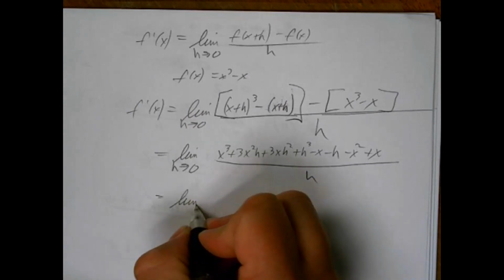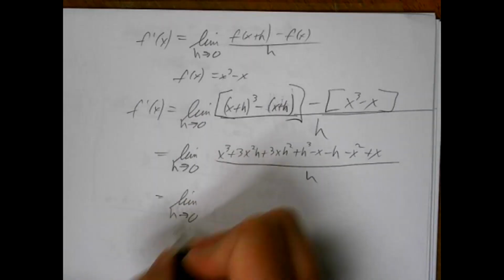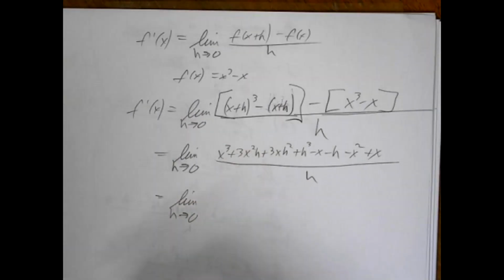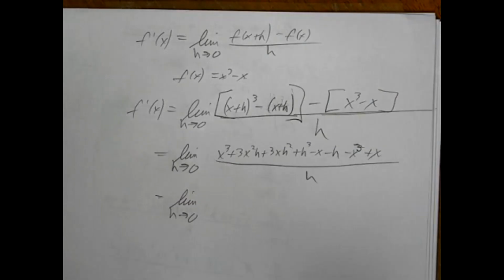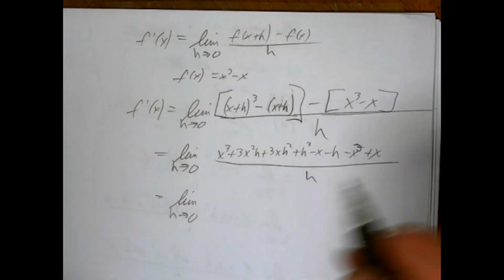Lots of cleaning to do. Let's see what all is going to happen here. Oh, and that was not a square. There's no square. It's an x cubed. Now be careful and copy these numbers down correctly.